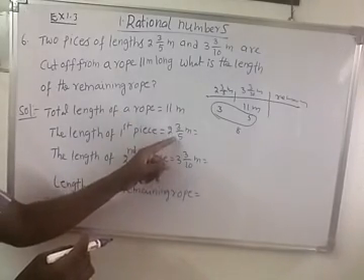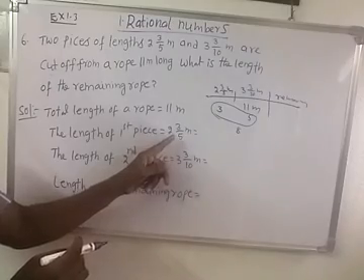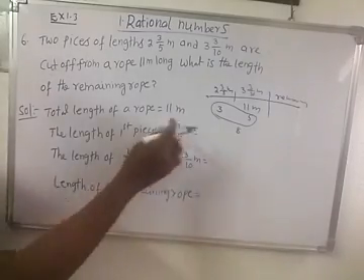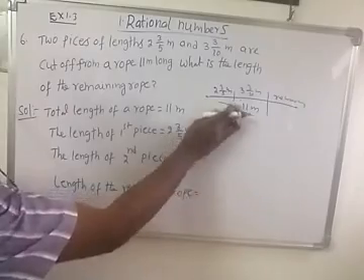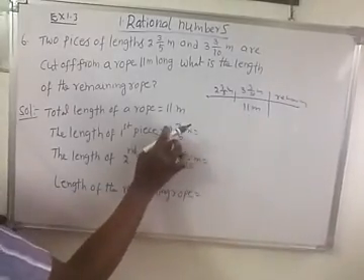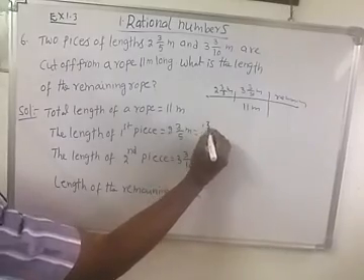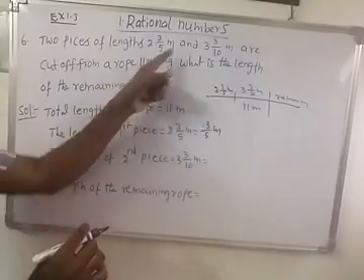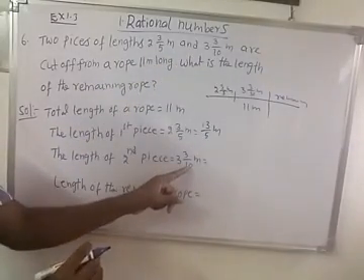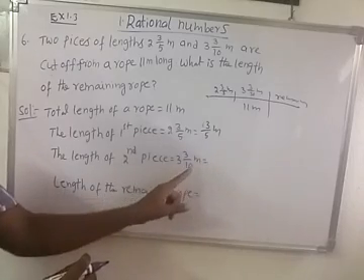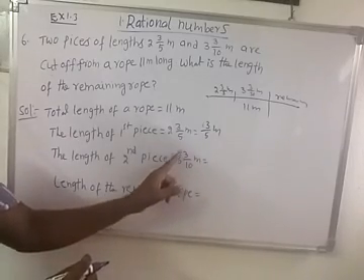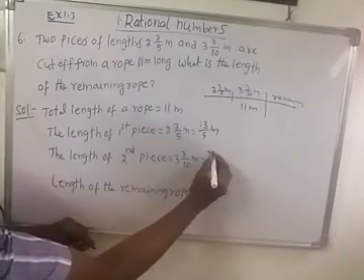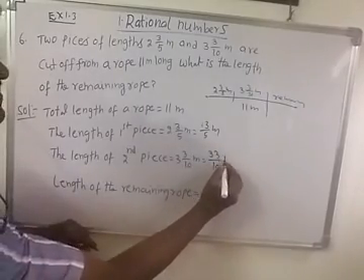This is a mixed fraction, so we are converting to an improper fraction. That is 5 2s are 10, 10 plus 3, 13, that is 13 by 5 meters. And next, the length of the second piece is 3 3 by 10. Converting to improper, 10 3s are 30, 30 plus 3, 33, that is 33 by 10 meters.